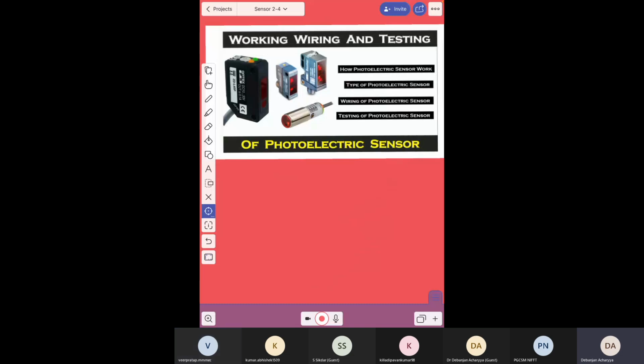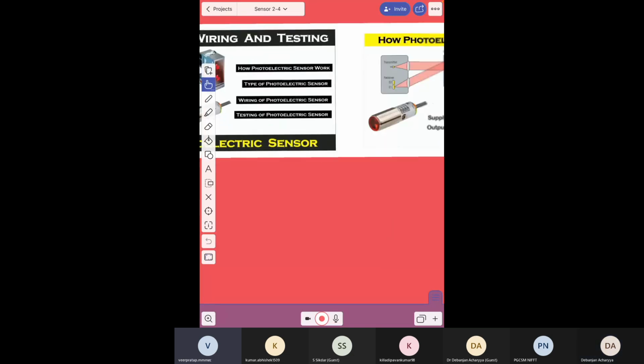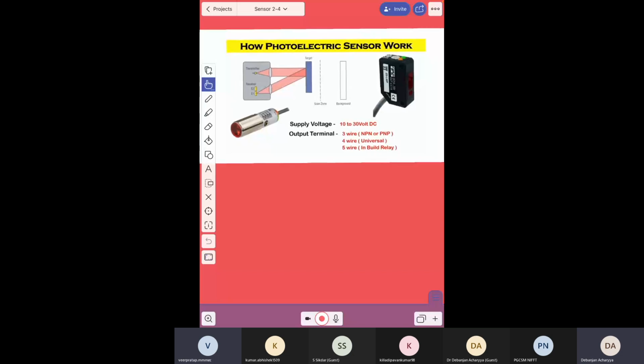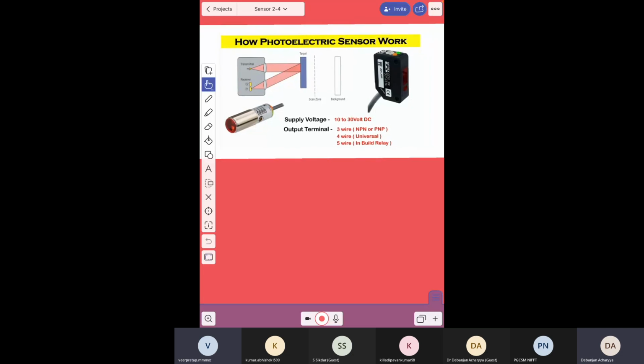Now I will give you a glimpse of how the photoelectric sensor works and what its working principle is.